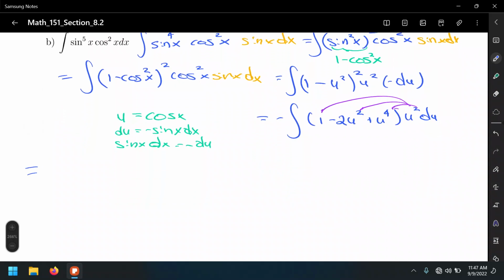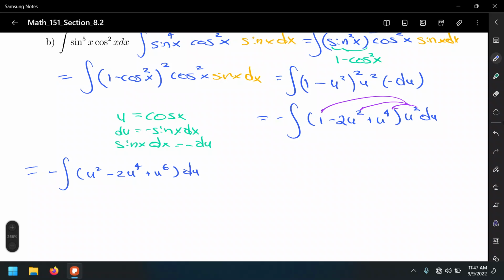I'm going to continue here. I'm going to keep the negative for a second. What is 1 times u squared? Well, that's u squared. And then 2u squared times u squared, isn't that 2u to the fourth? And last but not least, u to the fourth times u squared. That's u to the sixth du.